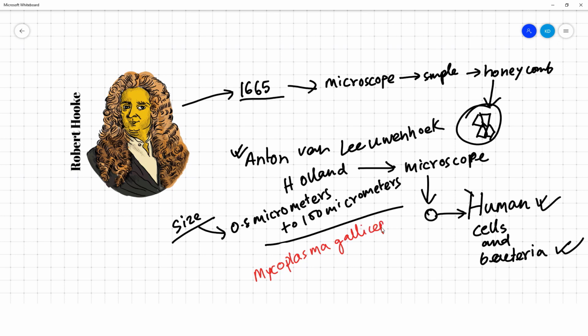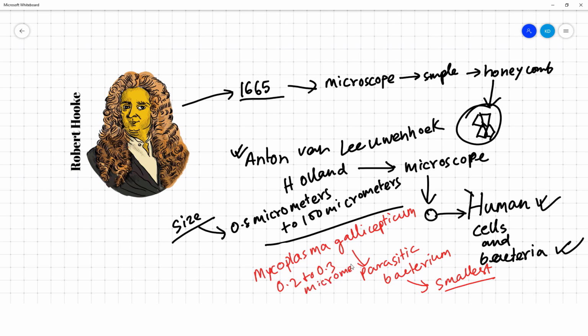This is the smallest cell, the smallest organism. Its size is 0.2 to 0.3 micrometers. It is capable of independent growth and reproduction. Remember this point also.